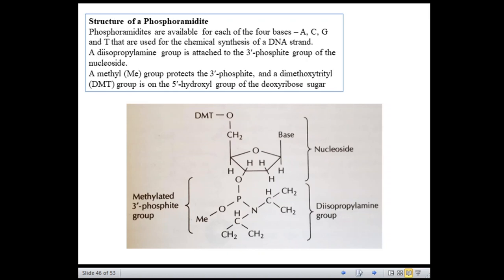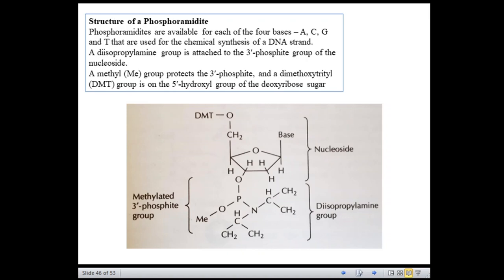First, the reaction column is washed extensively with an anhydrous reagent, for example acetonitrile, to remove water, because we don't want any unwanted side reactions, and to remove any nucleophiles that may be present.